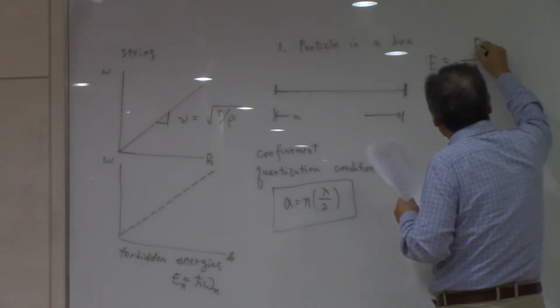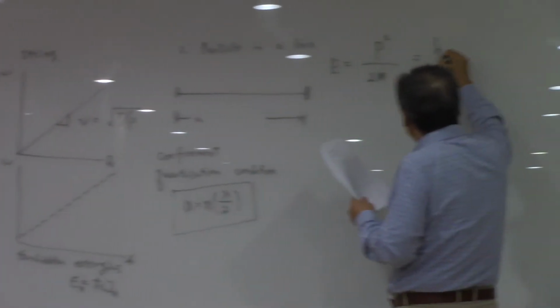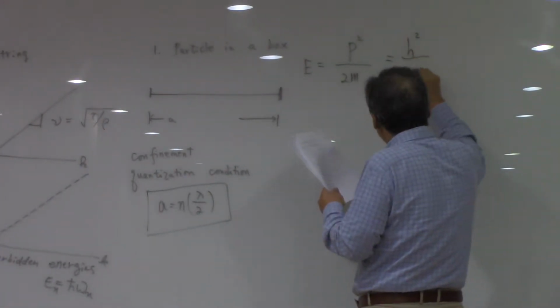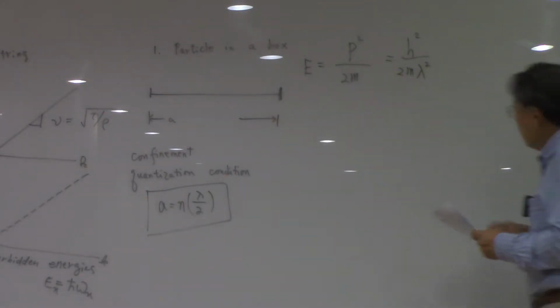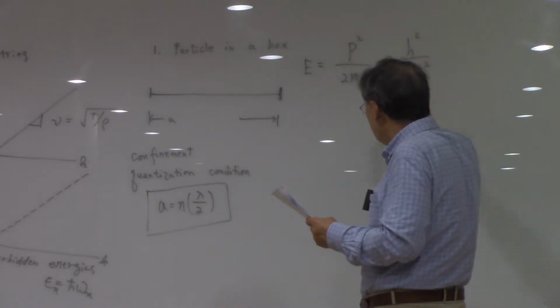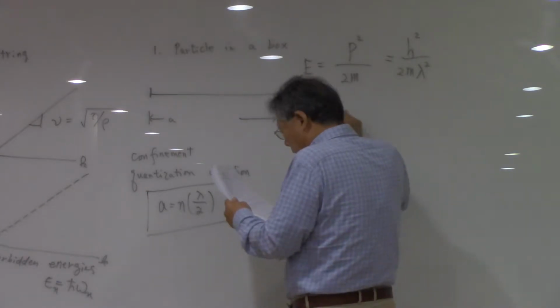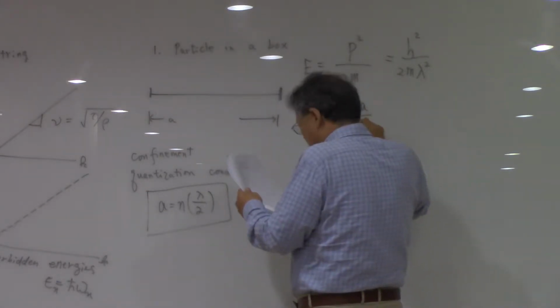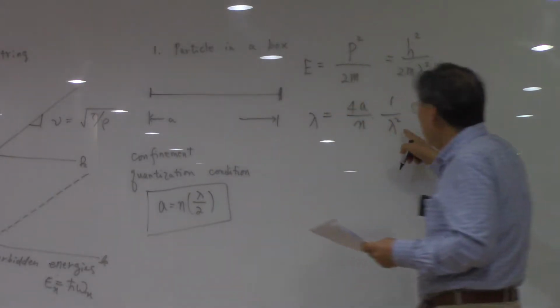Then that is momentum squared over 2m, and that is h squared over 2m lambda squared, because the momentum is h over lambda, right? And we know the lambda is going to be 4a n, so 1 over lambda squared.